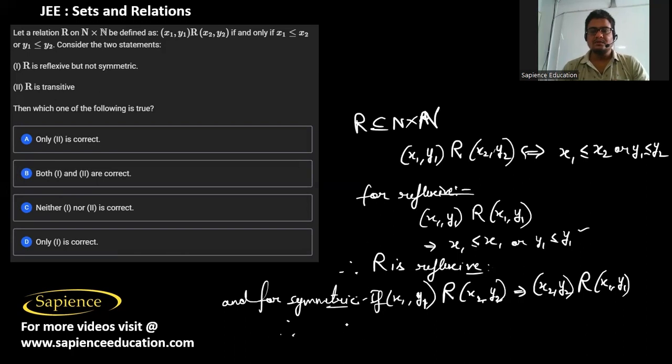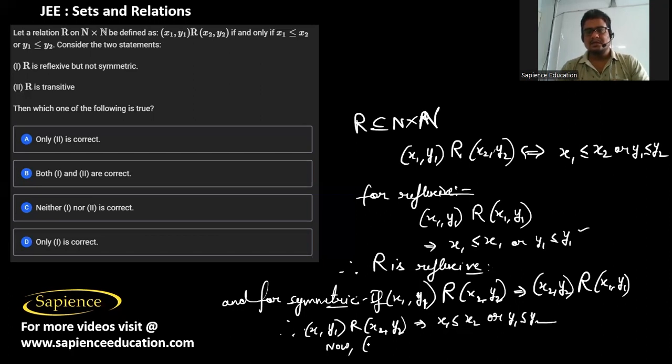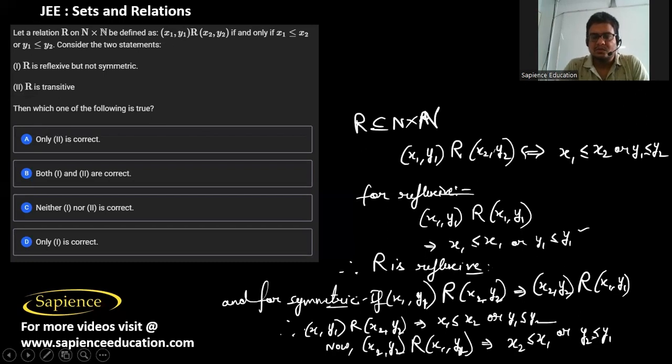Now if (x1, y1) is related to (x2, y2), it means x1 is less than or equal to x2 or y1 is less than or equal to y2. Now (x2, y2) is related to (x1, y1) means that x2 should be less than or equal to x1 or y2 is less than or equal to y1.